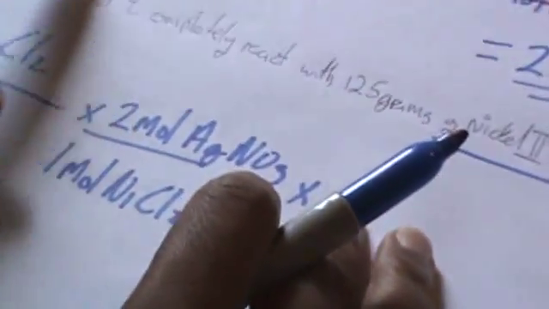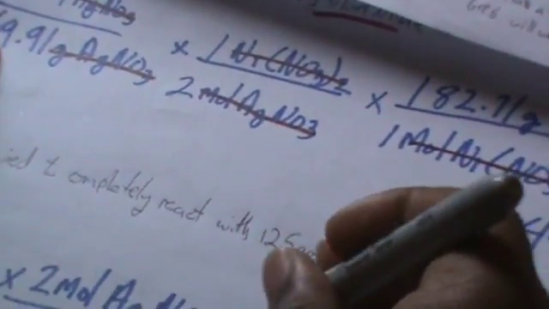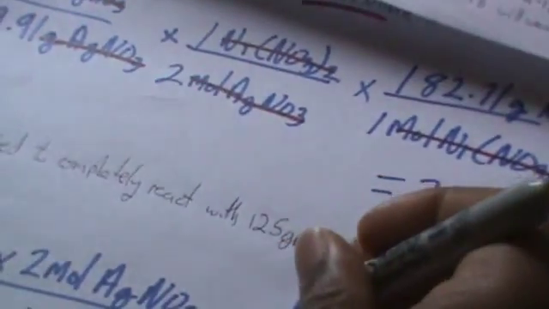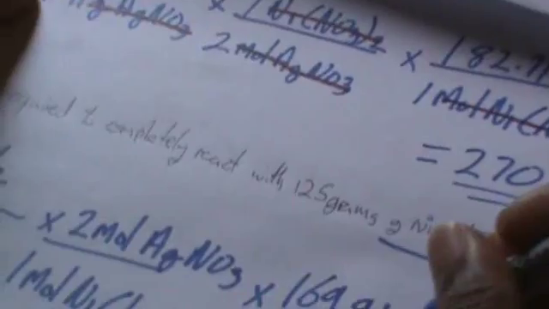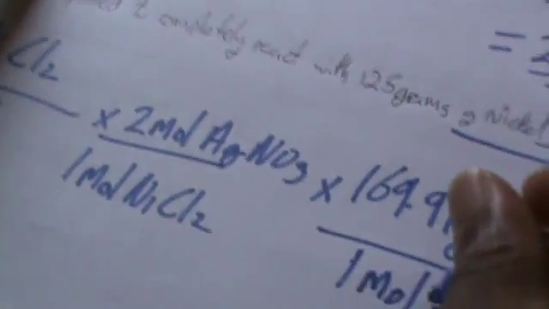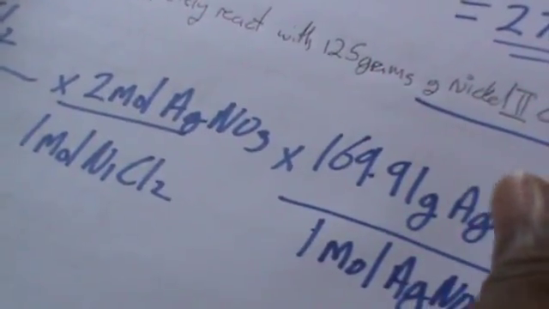Coincidentally, I already know how many grams because I already worked it out in the previous section. So I'll say 169.91 grams of AgNO3, that's my silver nitrate, is equal to 1 mole of AgNO3.